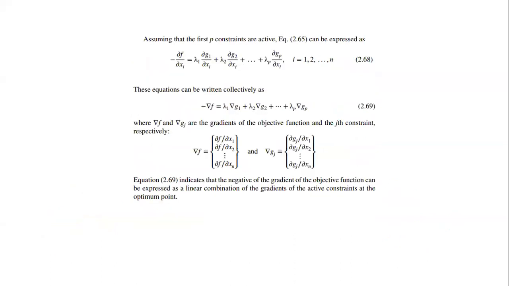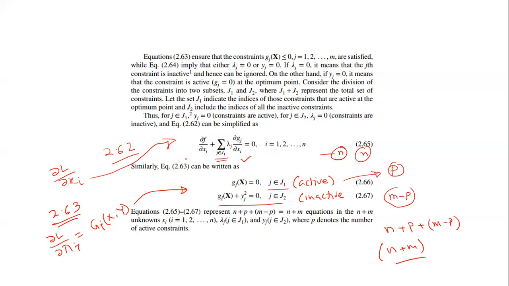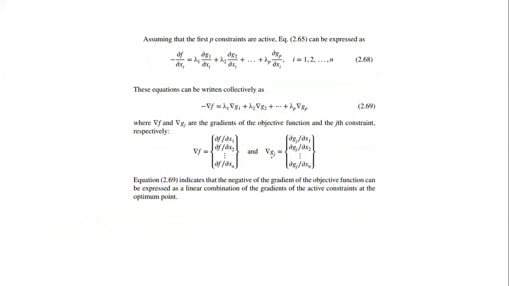Okay, so the last equation that we have used, 2.65, if we expand it, we can write it in this way and take the partial derivative of f to the other side. This is actually the gradient. And we have p of them active, so we have just written it in terms of p of them.